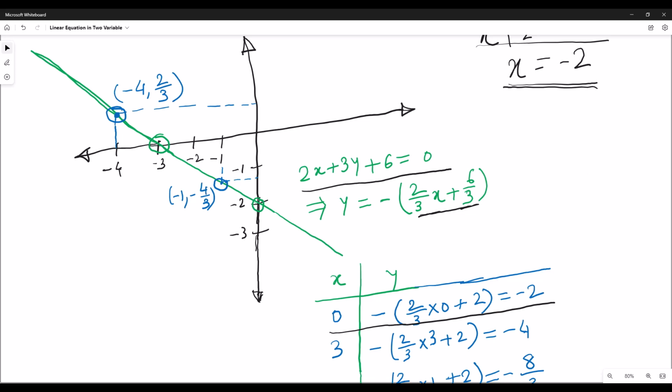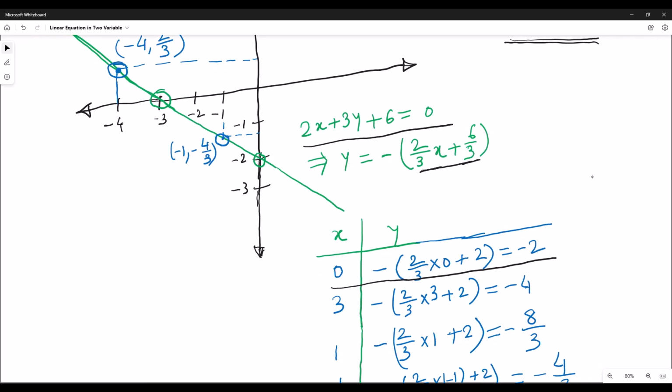This is one way to find another pair of numbers. Like if x is 0, you can find for what value of y this will be 0. So for x equals 0, y has to be minus 2. So for 0 and minus 2, this expression is 0. For x equals 3 and y equals minus 4, this equation is 0.